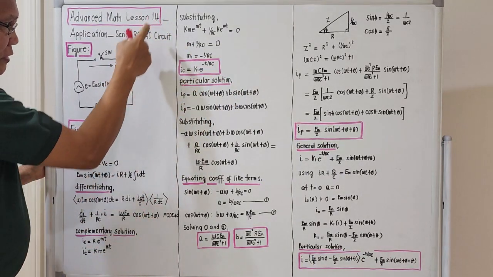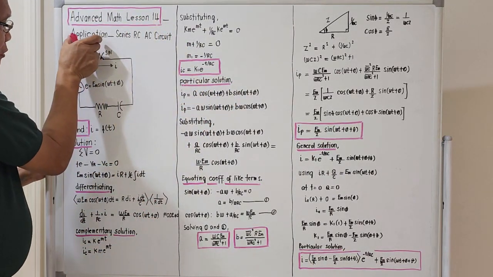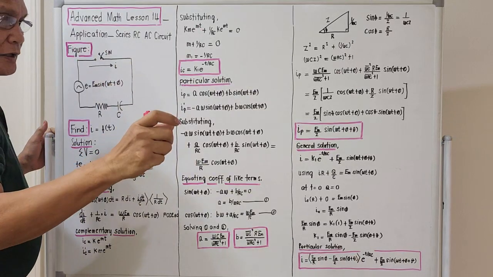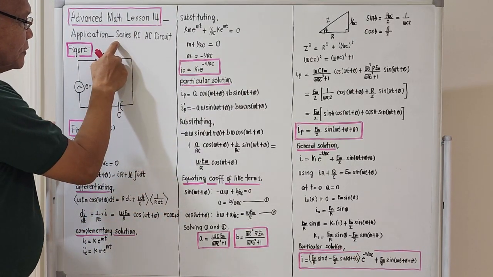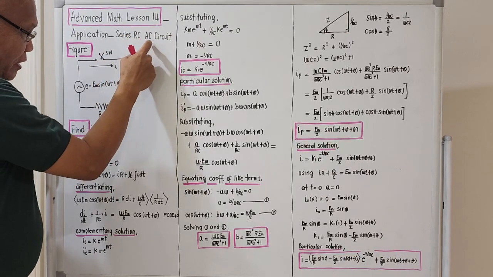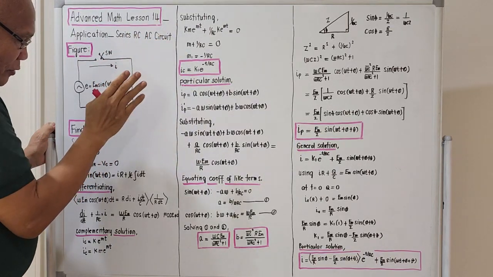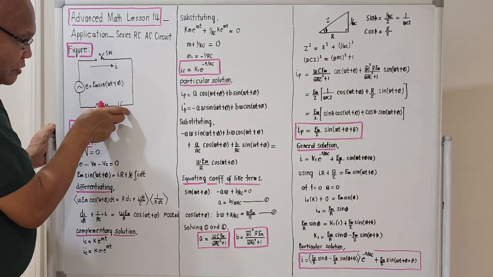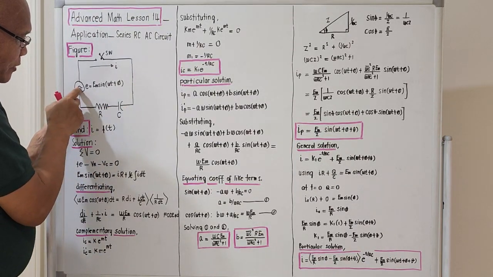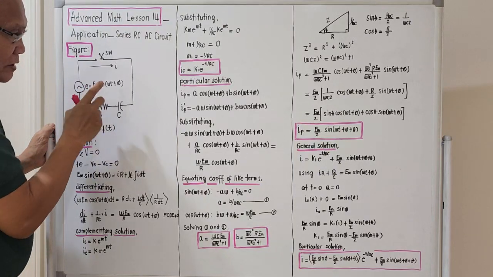We are on the application, and the circuitry for tonight will be a series RC AC circuit, meaning we are given a resistance and a capacitance connected in series, energized by an alternating current source.